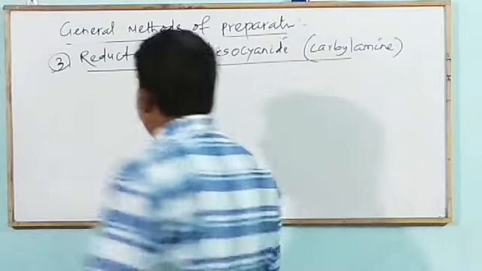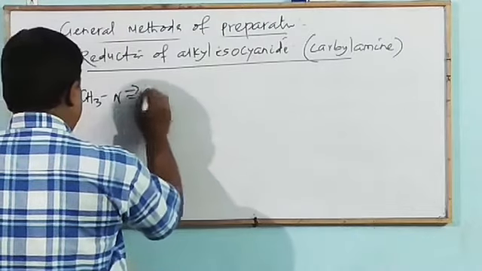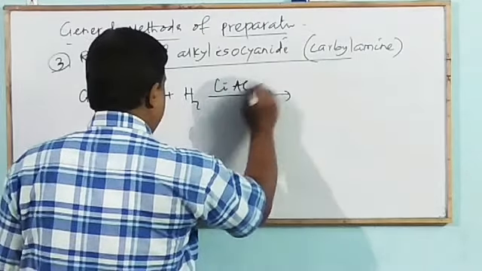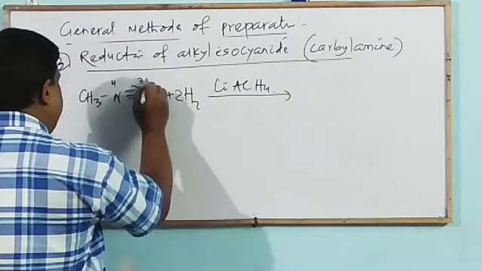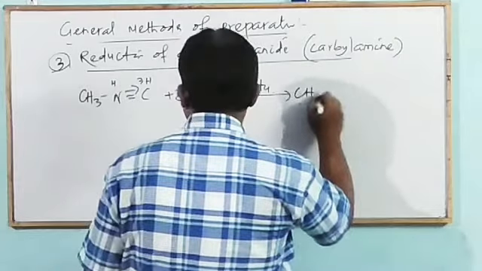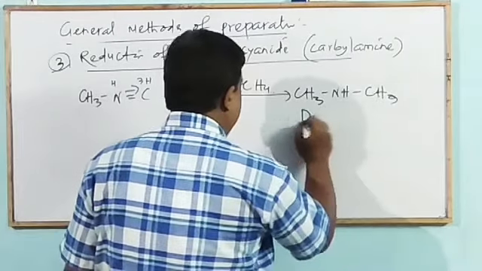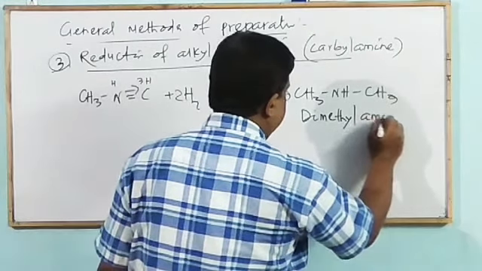Mark that. If we select methyl isocyanide, it undergoes reduction in presence of LiAlH4, what happens? 1H here, 3H here, that is CH3NHCH3, dimethyl amine, a 2 degree amine.